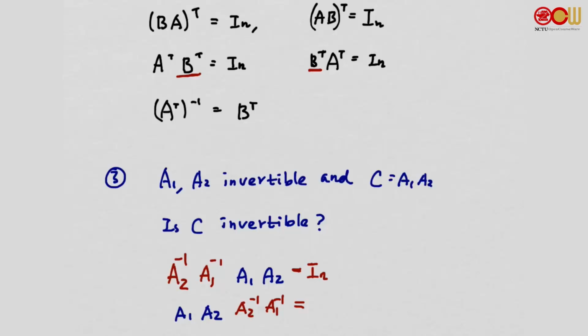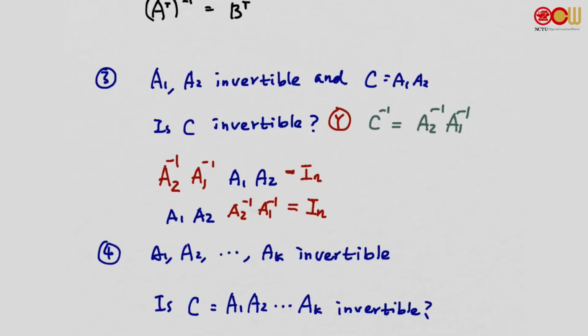And we see that A2 cancels off and A1 cancels off again. So we get indeed the identity matrix, and C is indeed invertible. Yes. And the inverse of C is A2 inverse A1 inverse.